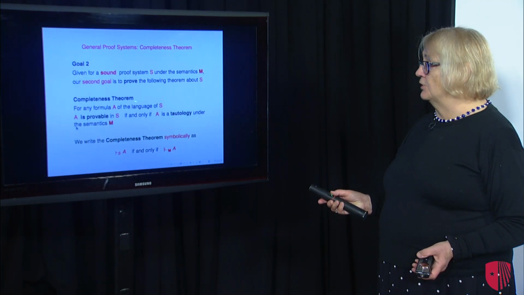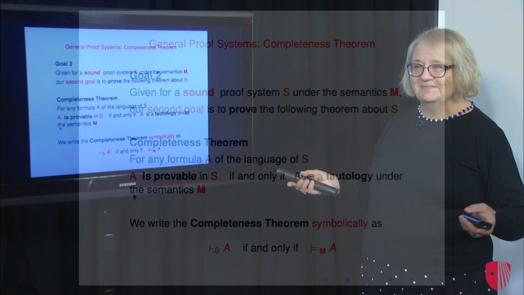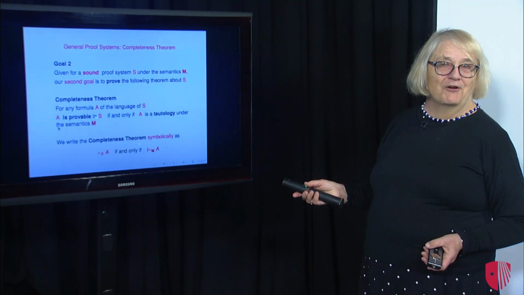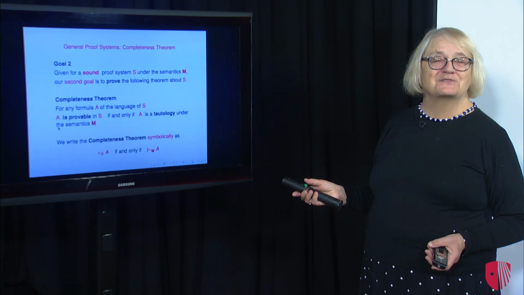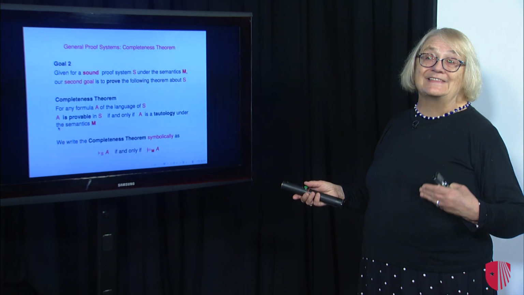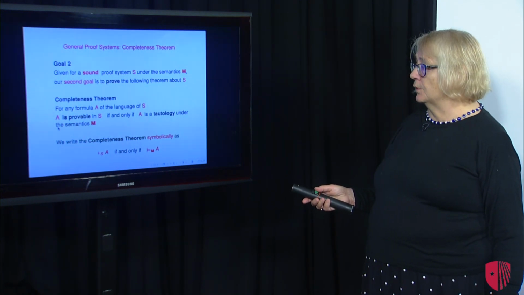We will be spending the rest of our course on proving the Completeness Theorem for different proof systems under different semantics and developing different techniques to prove the theorem. That's why we talk about it already now.